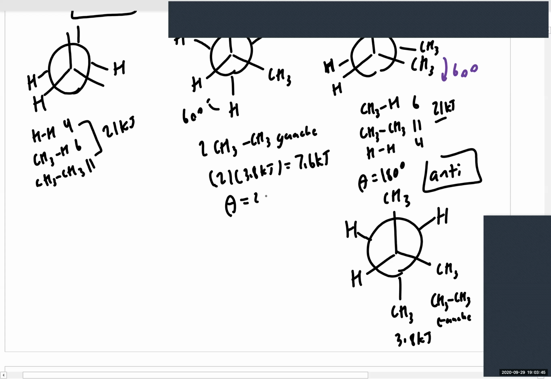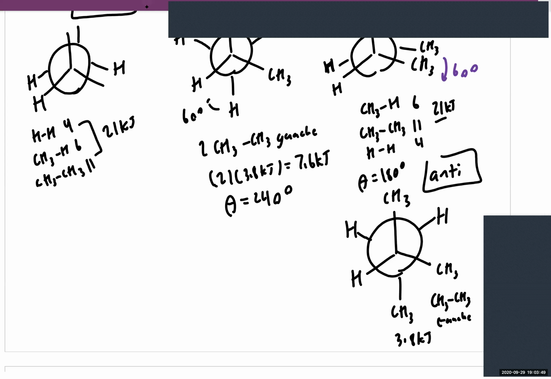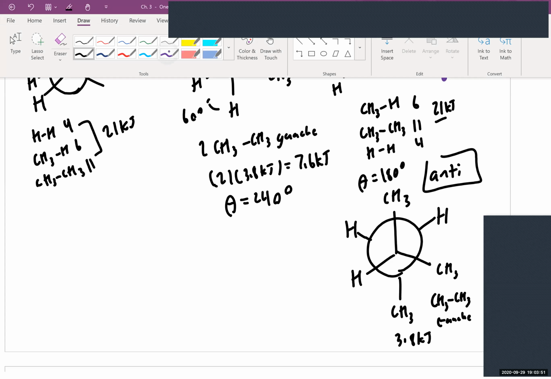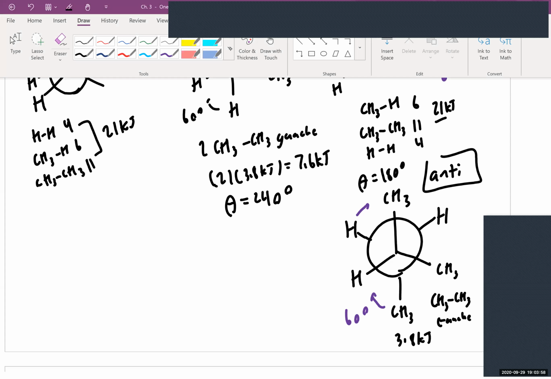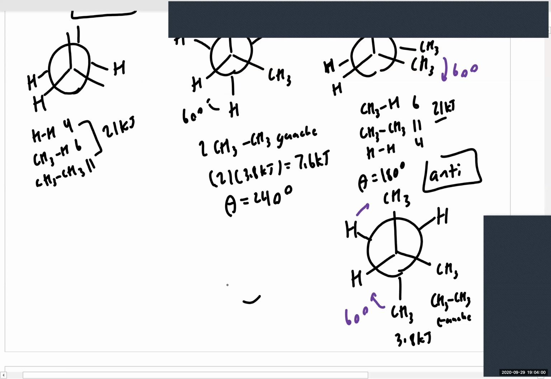Let's keep going with 240 degrees. So let's keep rotating our back substituents. If we rotate our back substituents another 60 degrees, what type of conformation do we have? Staggered or eclipsed? What does everyone think?